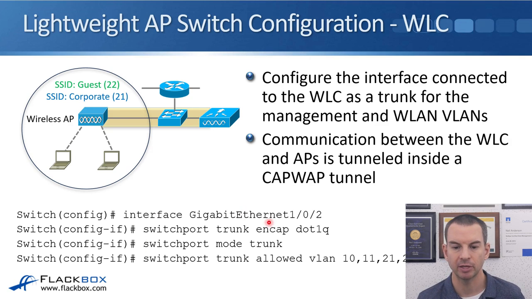So I've got interface gigabit Ethernet 1/0/2, switchport trunk encapsulation dot1q, switchport mode trunk, and then switchport trunk allowed VLAN 10, 11, 21, and 22. So that is the corporate and the guest VLANs, and also the management VLANs as well. They're all allowed on that link between the switch and the wireless LAN controller.